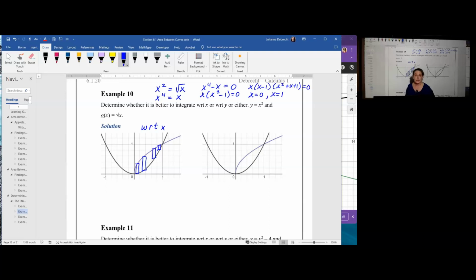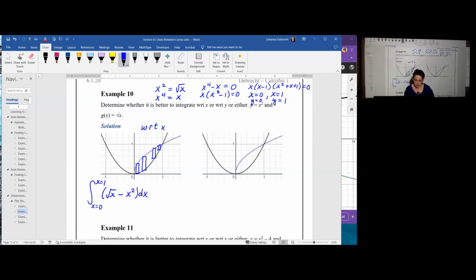And then I can use either equation to find the y value. In this case, the y value would be 0, and here the y value is 1. If I want to integrate with respect to x, I would go from x equals 0 to x equals 1, and I would have the square root of x minus x squared with respect to x.